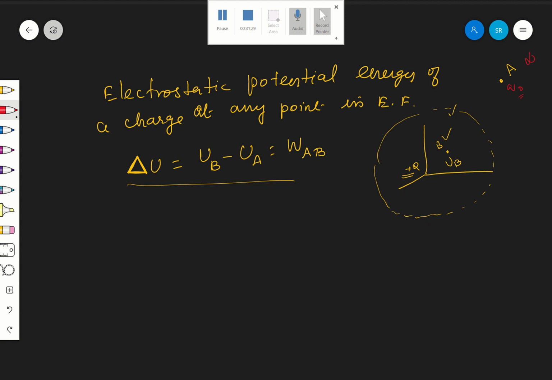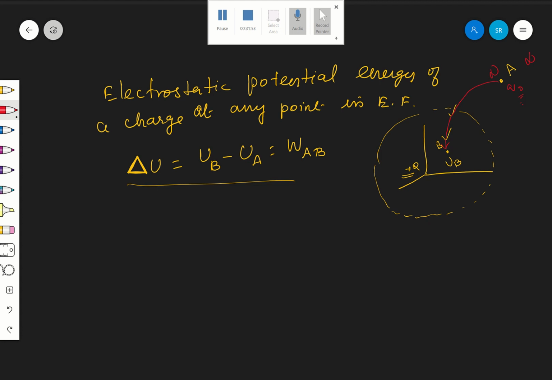Now, how much work has to be done in moving a test charge from infinity, A being nothing but infinity, to that point without acceleration?